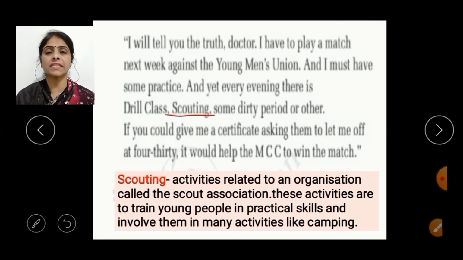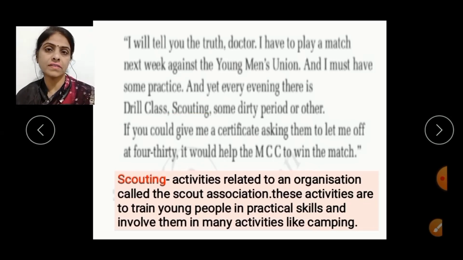Scouting means activities which are related to an organization called the Scout Association. These activities are to train young people in practical skills and involve them in many other activities like camping.